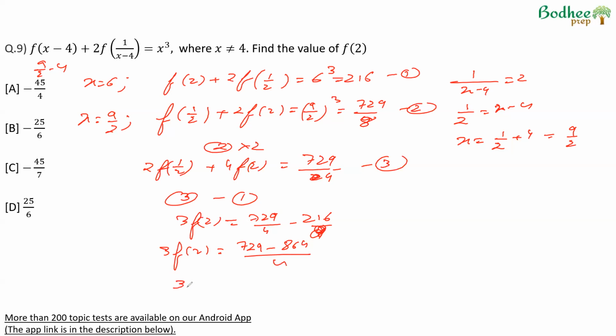So 3f2 will be equal to minus 135 by 4. Divide everything by 3. We will get f2 as minus 45 by 4. 135 by 3 is 45, and hence option A becomes the answer.